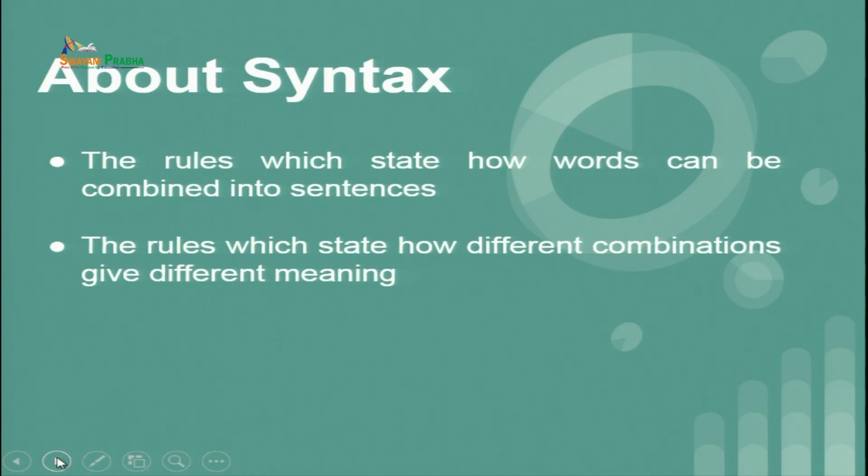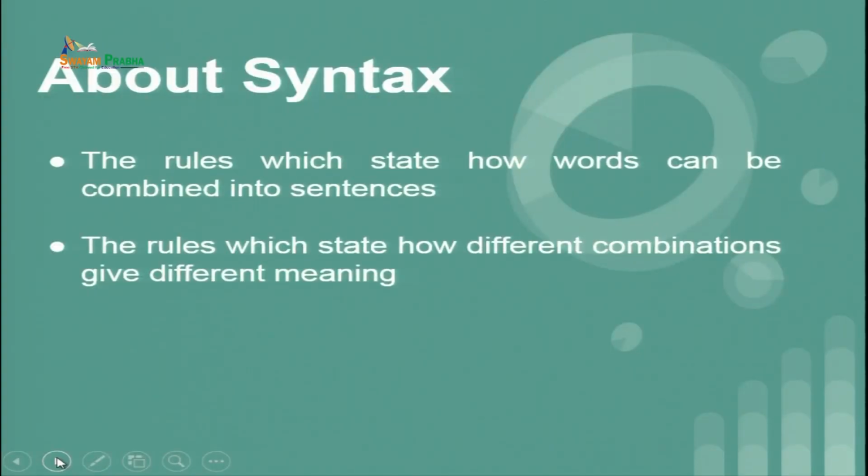I am sure syntax is a word which you might have encountered before. In case not, we will let you know that the rules which state how words can be combined into sentences basically refers to syntax. Syntax also talks about the rules which state how different combinations of words give different meaning.